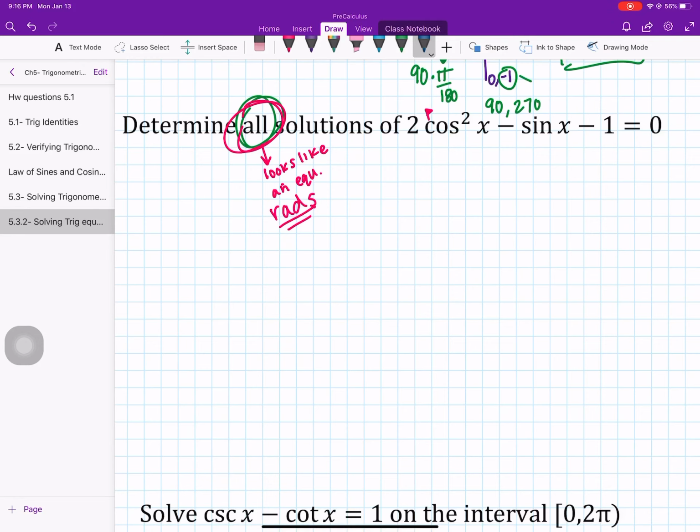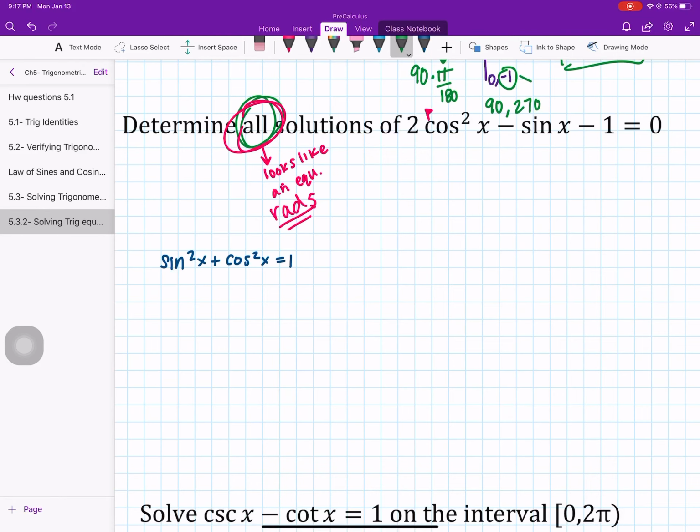Conveniently, we talked about some identities. In fact, we talked about this one. Sine squared plus cosine squared is 1. Well, if I manipulate this equation, I know that the cosine squared is equal to 1 minus sine squared.